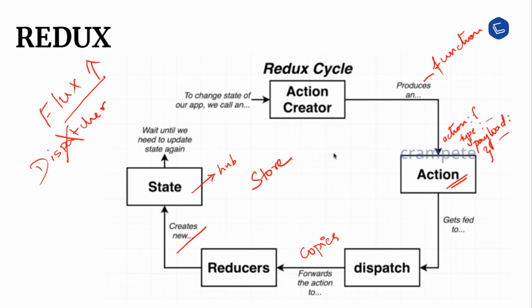Store contains the consolidated reducers and the state. Provider is a component that has a reference to the store and provides the data from the store to the component which it wraps.